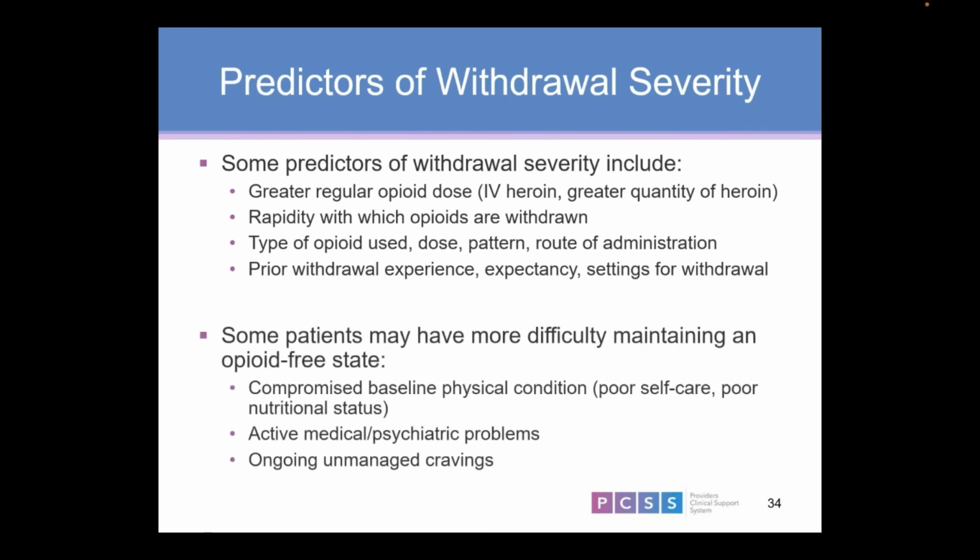Some patients will have more difficulty maintaining that opiate-free period, and that's the thing that we see most frequently, and it really separates this treatment from agonist treatment with either buprenorphine or methadone.